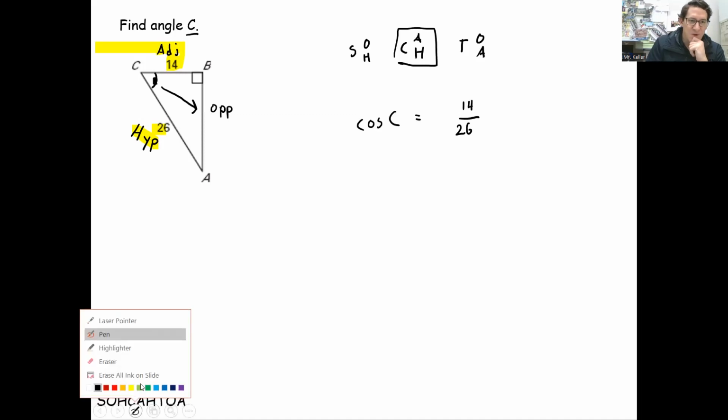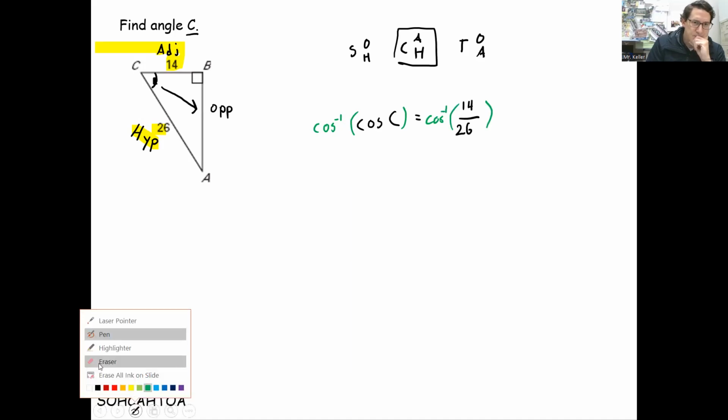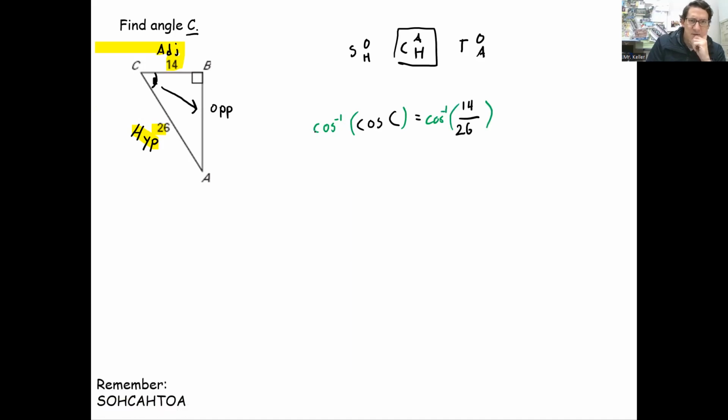To solve this, you're going to do the inverse cosine of both sides. The cosine and inverse cosine cancel each other out, and you're left with just C. So inverse cosine of 14 divided by 26 is 57.4.